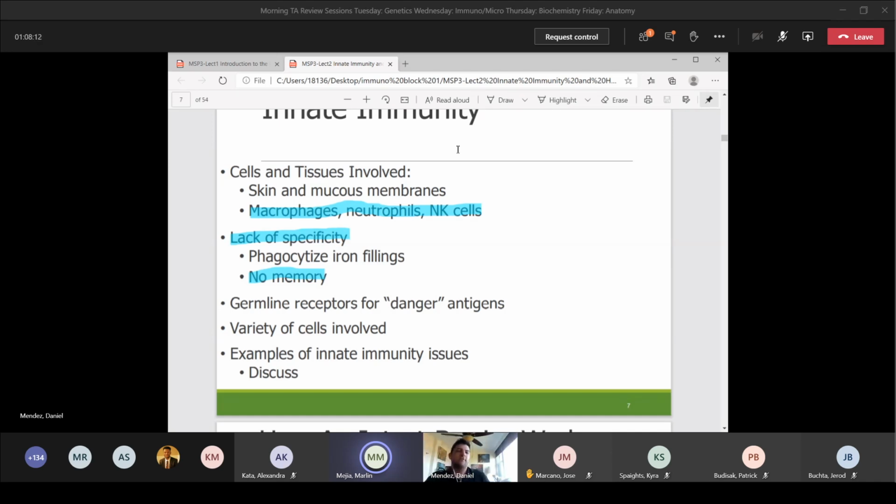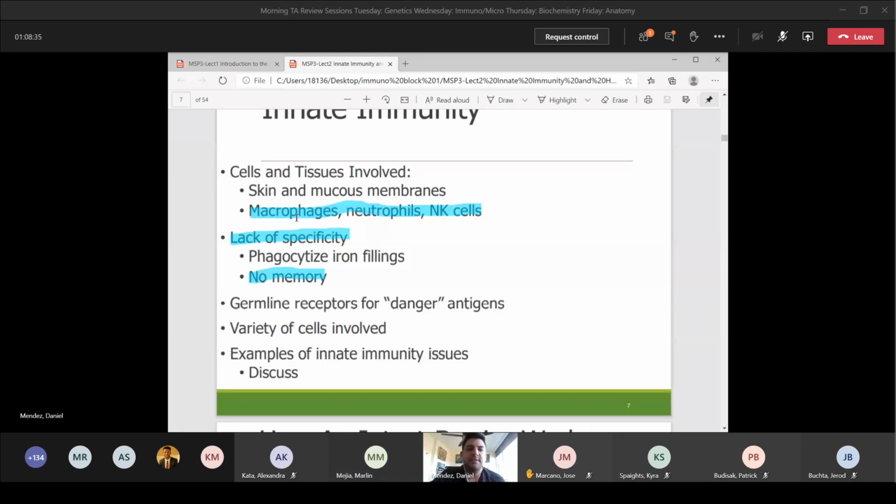So the iron filings thing was just an experiment that they did to find out that there is no specificity in these cells. If you put a macrophage or a neutrophil or an NK cell, more so a macrophage, in a petri dish with a whole bunch of iron filings, it will just instinctively go and attack the iron filings because it notices this is something foreign.